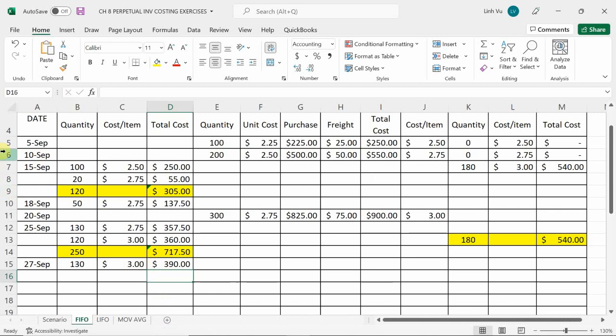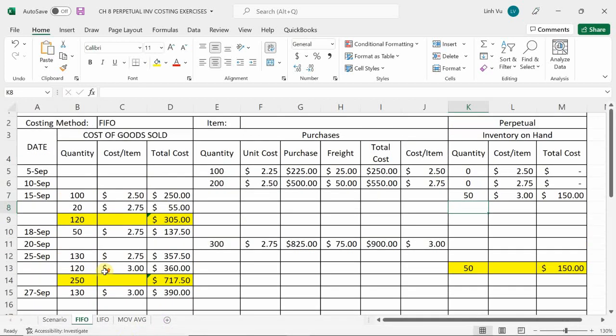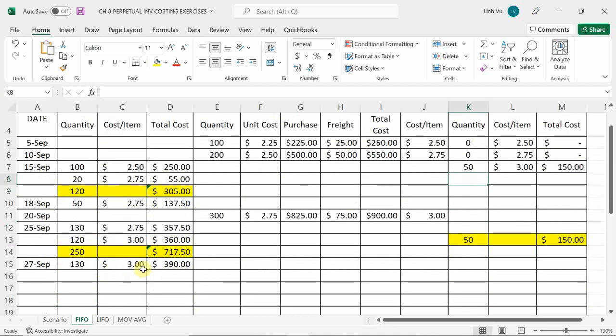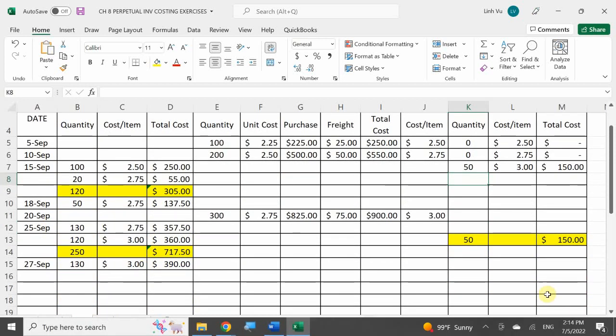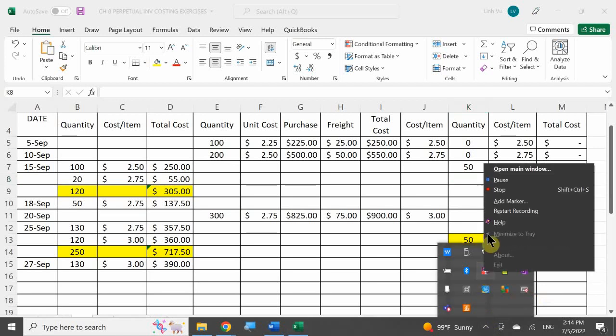Let's update my inventory: 180 minus 130 gives me 50 units remaining at a grand total cost of $150. All right, that's the first section. I'm going to stop here real quick. We're going to take our 20-minute break.